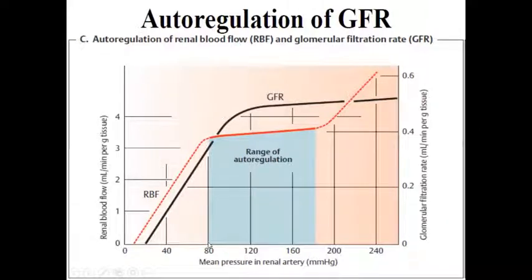Anything below 80, the autoregulatory mechanisms are not very strong, so the glomerular filtration rate will decrease. If the blood pressure is greater than 180 millimeters of mercury, the autoregulatory mechanism will also fail to maintain the glomerular filtration rate. But otherwise, as long as the blood pressure is maintained between 80 and 180, the autoregulatory mechanisms are very effective.